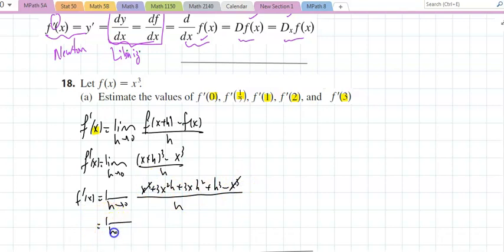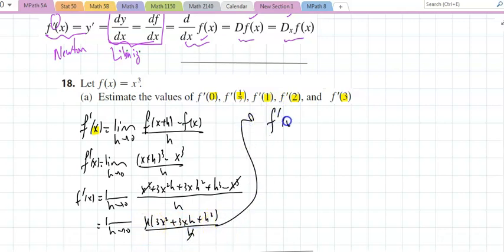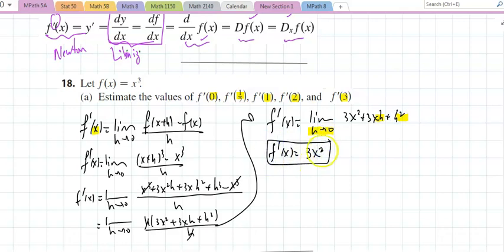If I factor an h out of the top, I get f prime of x equal the limit as h approaches 0 of 3x squared plus 3xh plus h squared. If I replace h by 0, I get f prime of x equal to 3x squared. This is the derivative of x cubed at any given value of x.